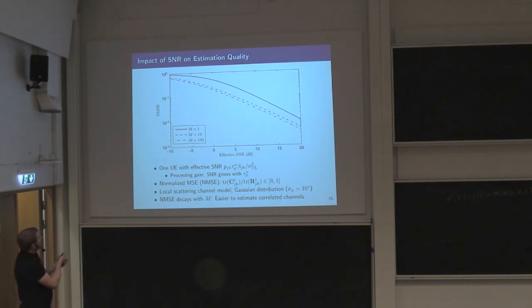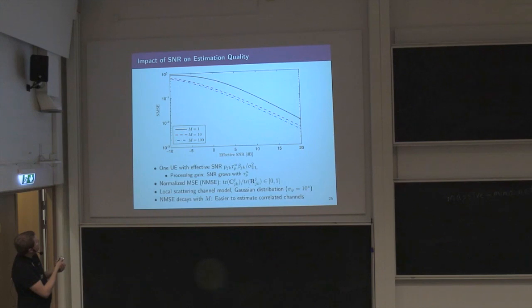So when I'm plotting the estimation quality in terms of normalized mean square error, when I have a very low SNR, we will start up here at 10 to the power of 0, which is 1. And then as I'm increasing my SNR, the estimation quality will improve. It will go down here in normalized mean square error.